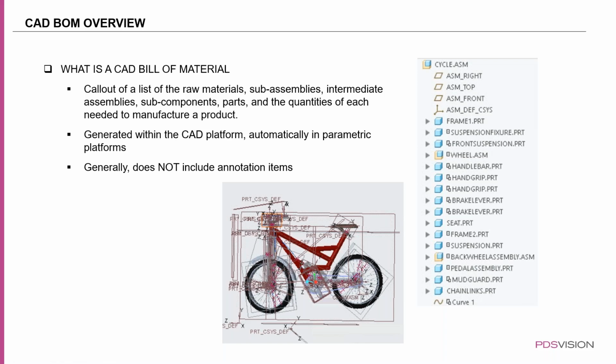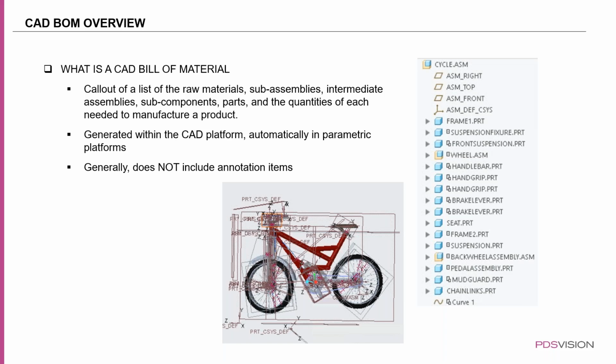Okay, so this is more on the CAD side. It has nothing to do with any enterprise level data in its particular bill of material, because it just represents the actual CAD model inside a CAD application. And it's generated within the CAD platform itself automatically in parametric platforms.